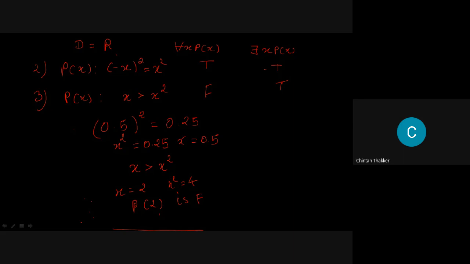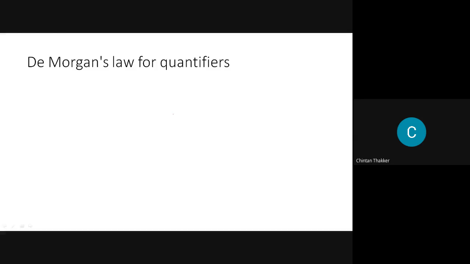Now we take more examples after the one theorem, De Morgan's law. Then we take more examples. So next we have De Morgan's law for a quantifier.